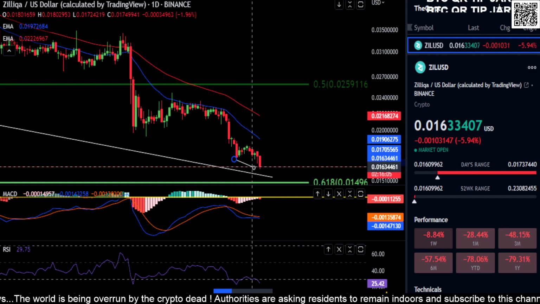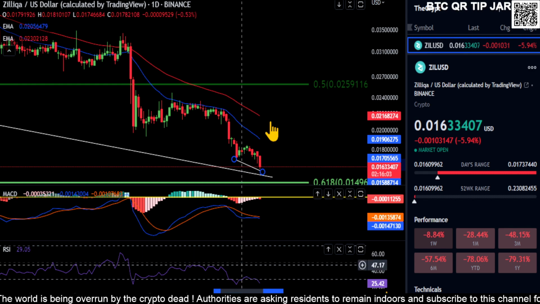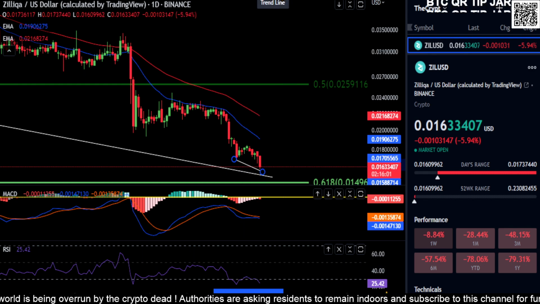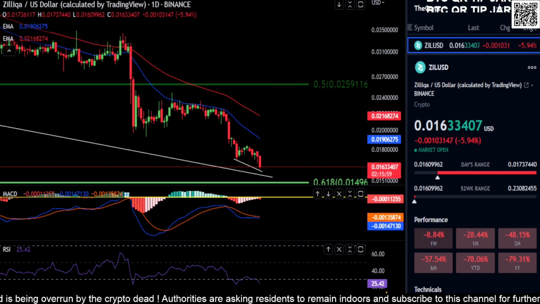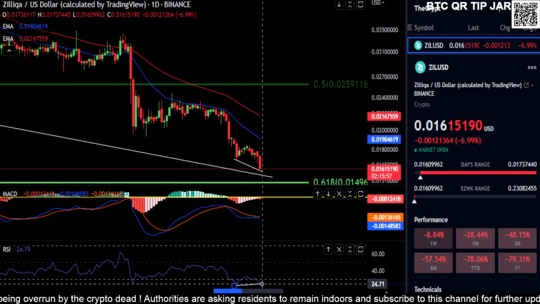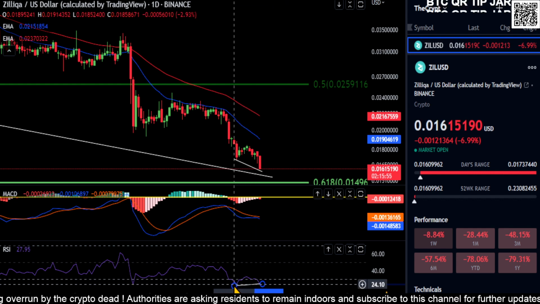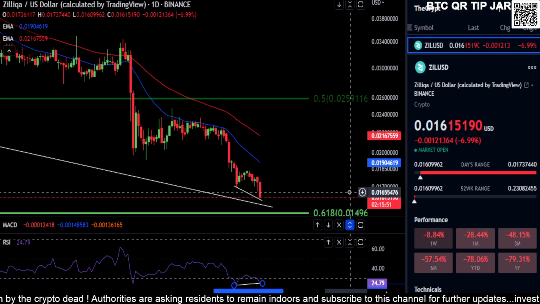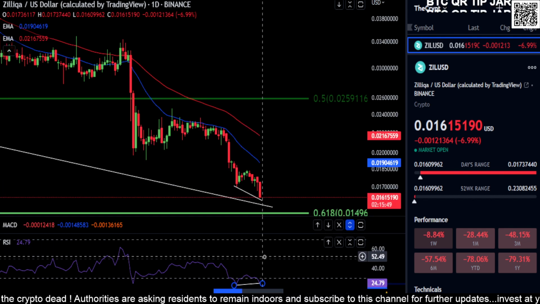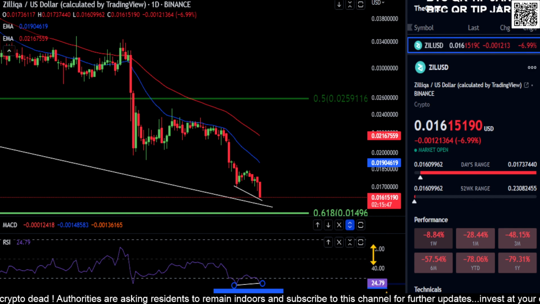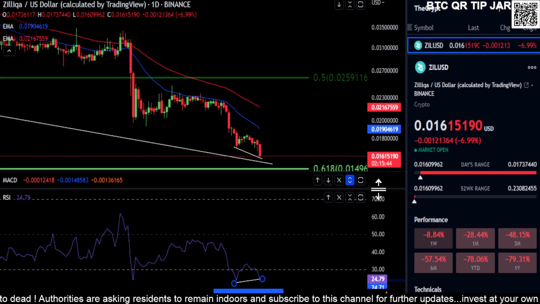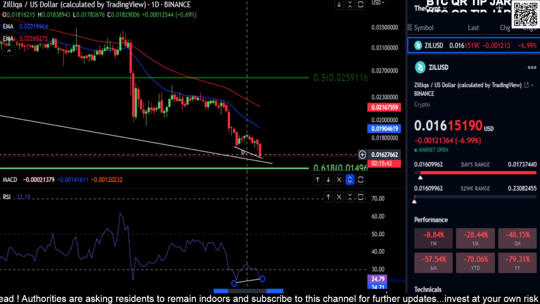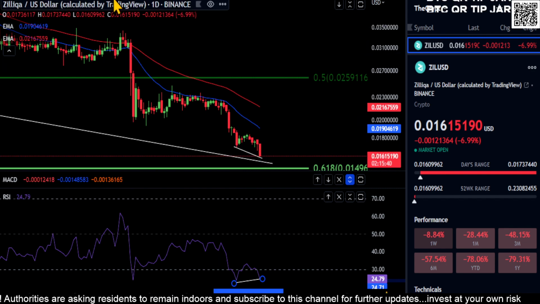You can see that we have some short-term bullish divergence on the RSI here, just slightly down here with the RSI. Let me go ahead and get rid of the MACD. So we have bullish divergence on the daily and the weekly MACD, and as you can see here, we do have bullish divergence in the most recent price action here on the daily chart.